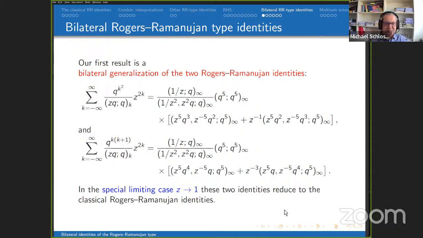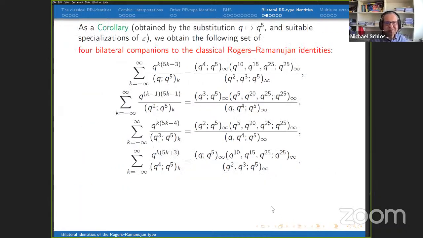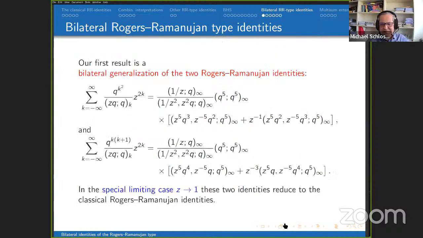But what is also possible is the following: we can replace q by q to the 5 and then specialize z. So the point is, maybe I explain it here. We can specialize z such that one of these two terms cancels, so that it is 0. For instance, if z to the minus 5 would be q to the 3, in other words, if you replace q by q to the 5th, you would have q to the 15 here.